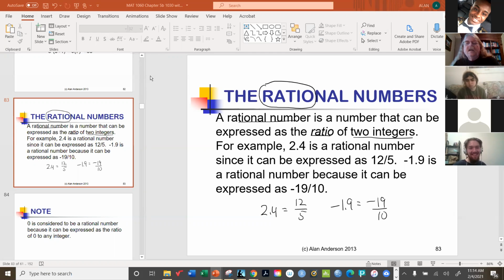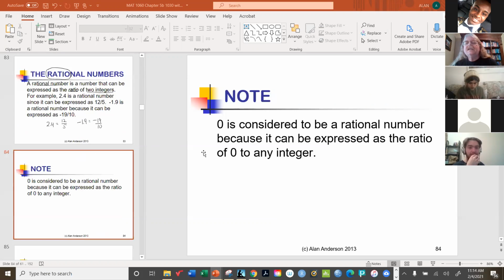Now, usually when we define a rule in math, there's always a pretty decent chance that 0 might prove to be an exception. So we always have to wonder what's going on with 0. And this is no exception. So you're probably asking yourself right now, is 0 rational or not? Well, it turns out that 0 is indeed considered to be a rational number because it is an integer and it can be written as the ratio of a large number of different integers.